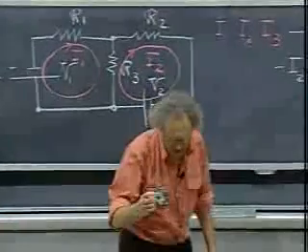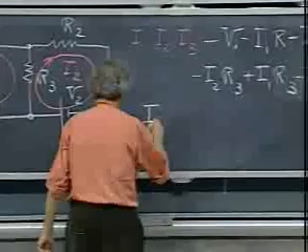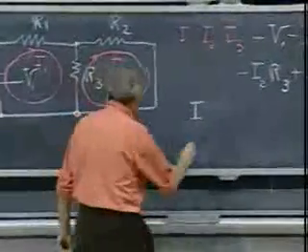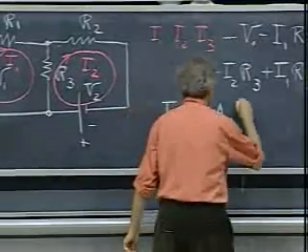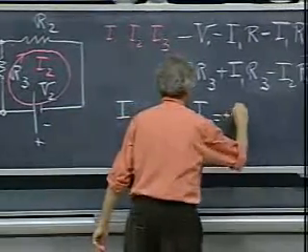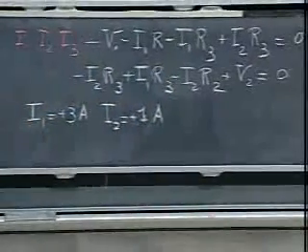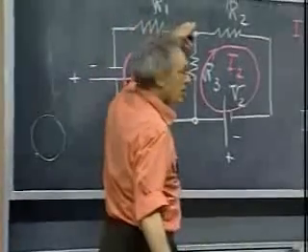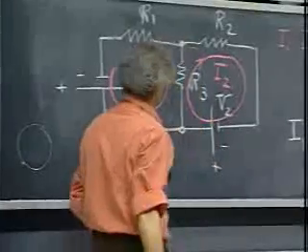How about I3 now? Well, let us assume that I1 is plus 3 amperes. And that you find that I2 is plus 1 ampere. That's possible, right? You have two equations, two unknowns, and these are the answers. So 3 amperes goes like this, whoosh, down, and 1 ampere comes up.